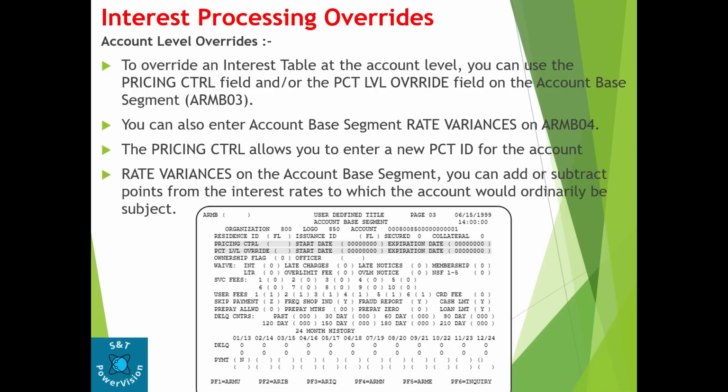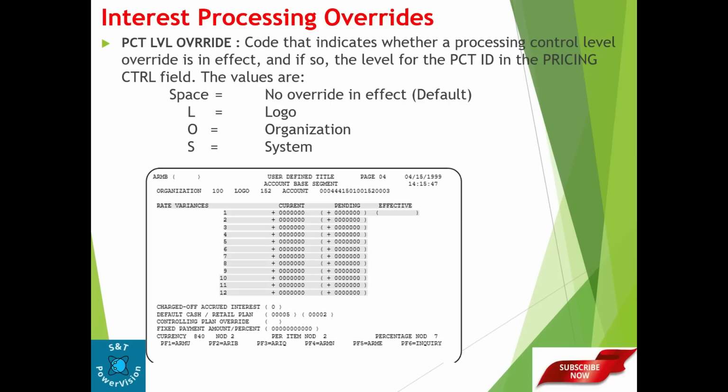With rate variance on the account-based segment, you can add or subtract points from the interest rate to which the account would ordinarily be subject here. To override the interest table, the pricing control table will give the PCT ID. Now the PCT level override, as I already explained, has three levels: logo L, organization O and system S here.